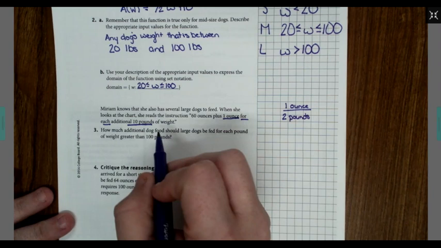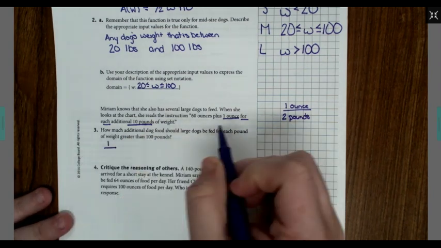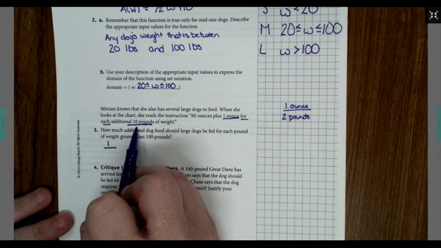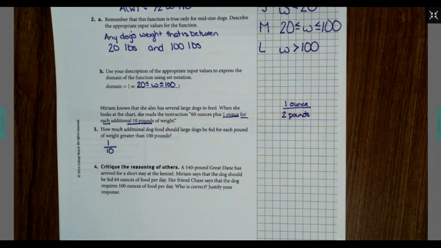So we would write this 1 ounce, but this is per 10 pounds. So we're going to write this as 1/10.